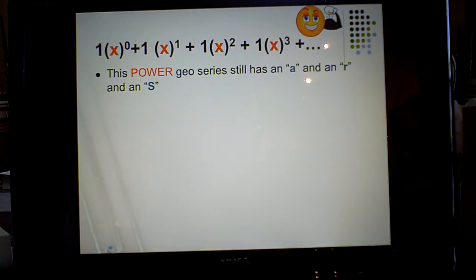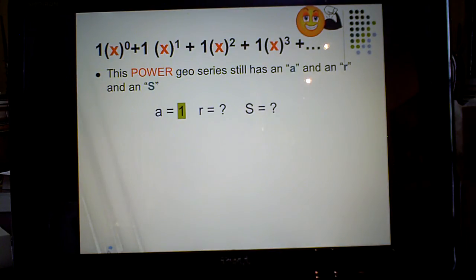So this power geometric series, and we usually drop the geo and just call it a power series, still has a first term a, a common ratio r, and more importantly has a sum s. This is going to be mind-blowing, right? A for us, r for us, what is s?